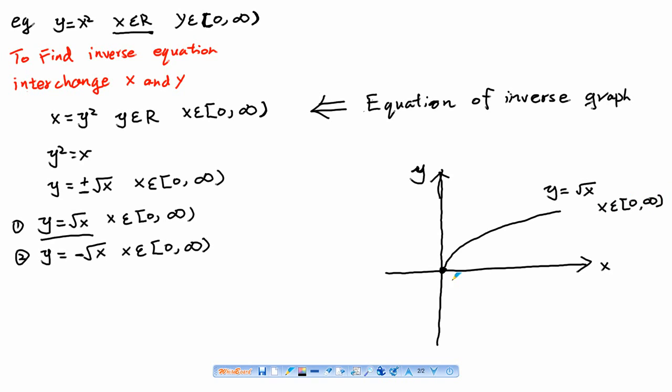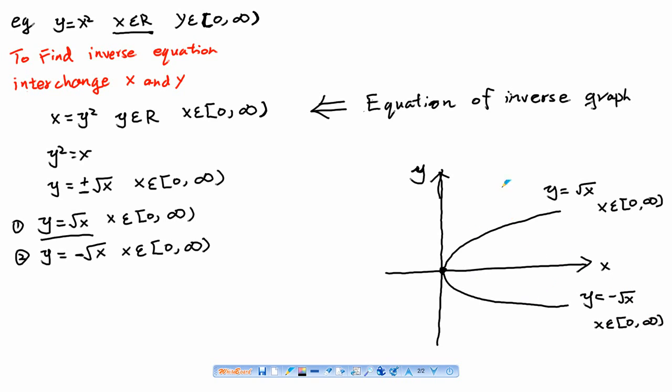And I would have the other one like this: y equals minus square root of x, and the domain is the same.